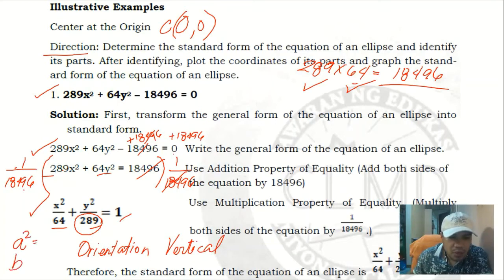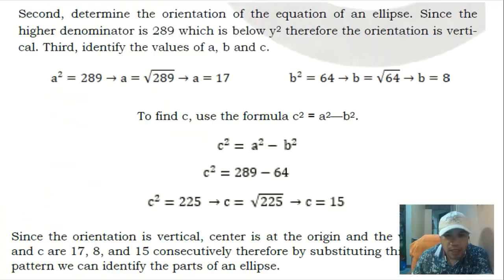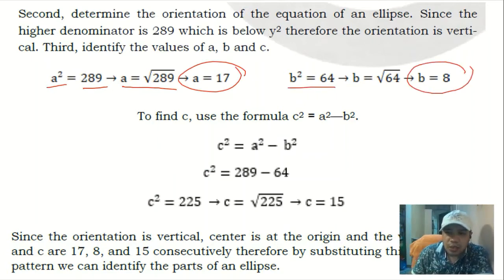A squared is 289 and B squared is equal to 64. Since A squared is 289, the square root of 289 is 17. So A is equal to 17. B squared is 64, so B is equal to 8.